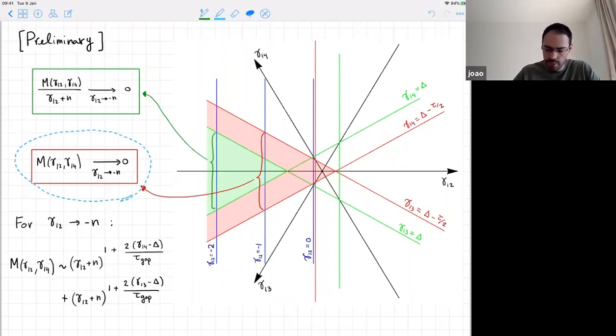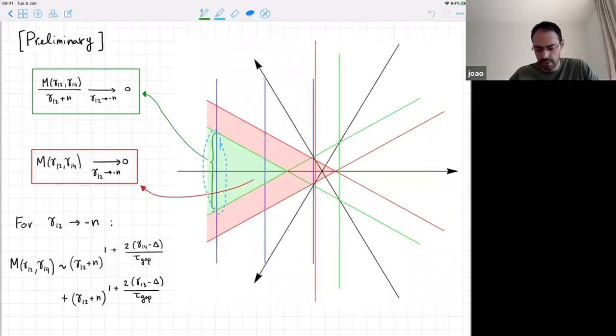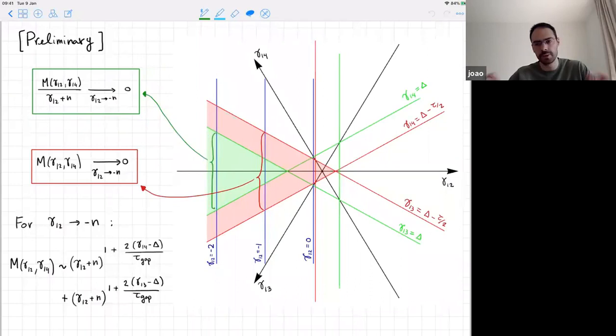So you can impose gamma 1, 2 equals 0, minus 1 in this red region. And the subleading Polyakov condition, which would be like M as a double 0, you can impose in a smaller region, this green region, because the range of gamma 1, 4 gets decreased if you do exactly the same analysis.